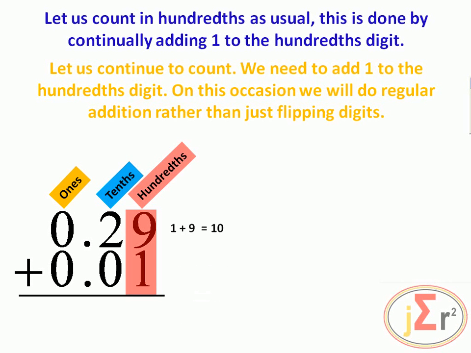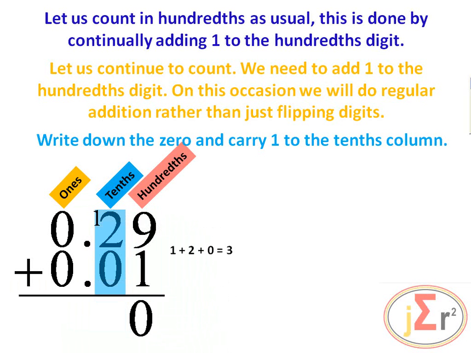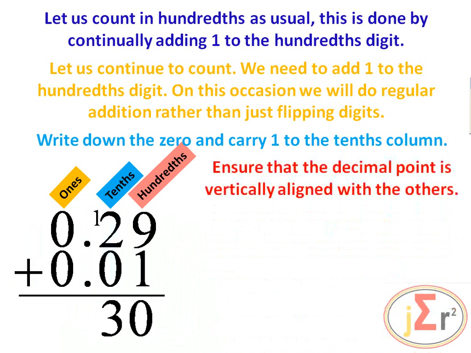What do we do? Put down the 0 and carry the 1. So Jerry says, put 0 down and carry 1 to the 10th column. Alright. So that is why the hundredth digit will return to 0, and then 1 will be added to the 10th digit, as we have right there.